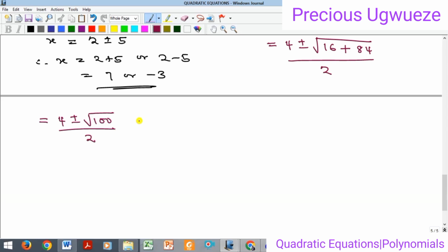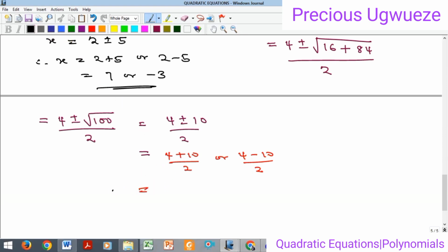And that is simply equal to 4 plus or minus 10, since the square root of 100 is 10, all over 2. So here we have 4 plus 10 over 2, or 4 minus 10 over 2. You see, in all of the cases, you always get 2 answers for your x.